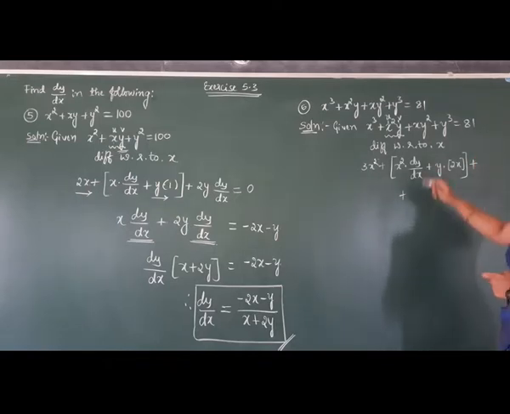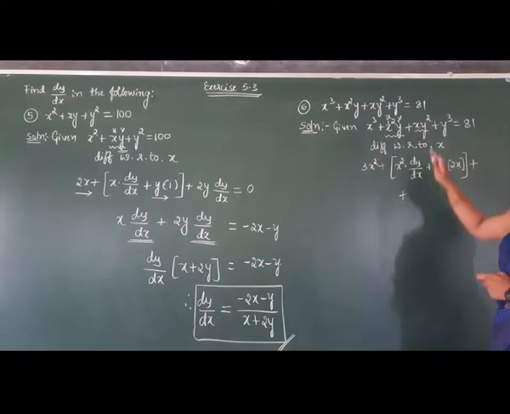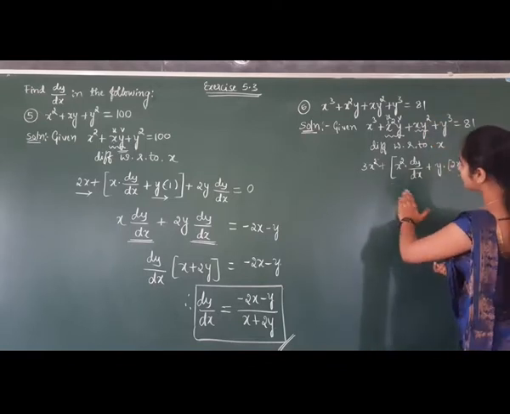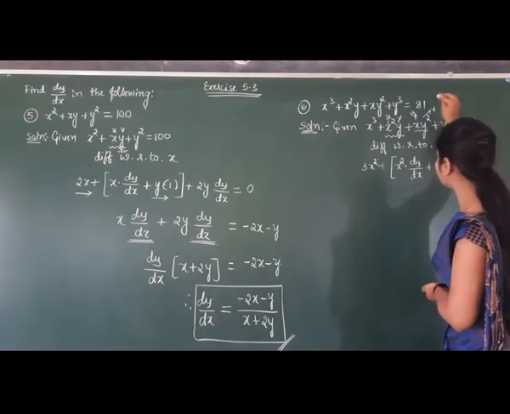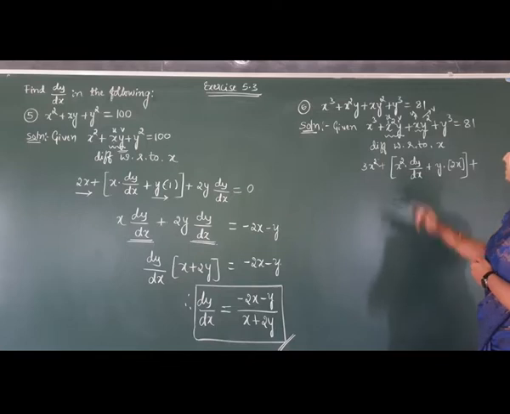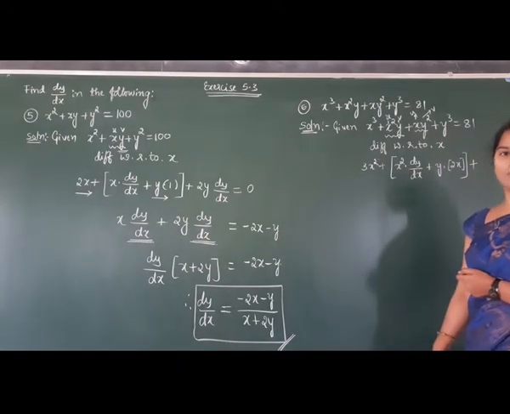plus, so here also two functions are there, right? So here x is the first function u and y square is the second function v. So here also we apply the product rule. Okay.